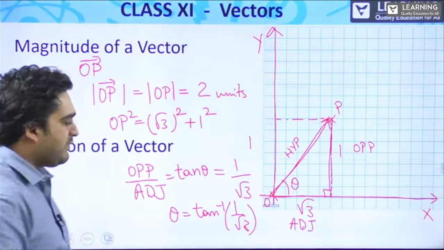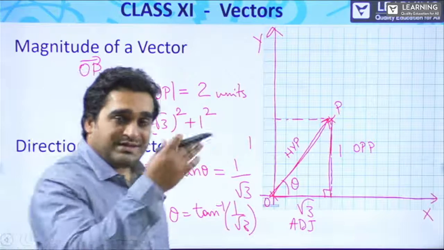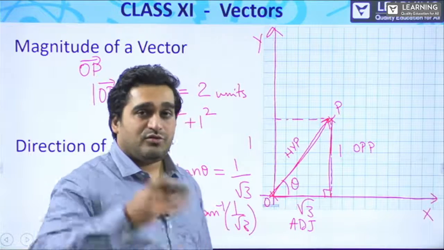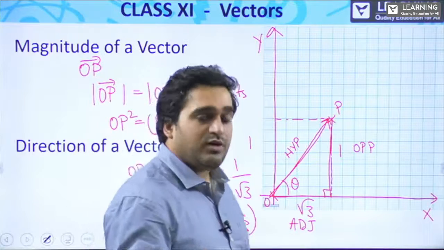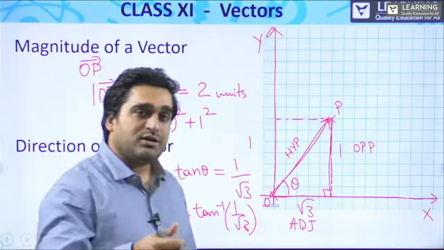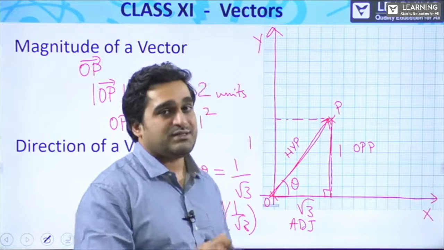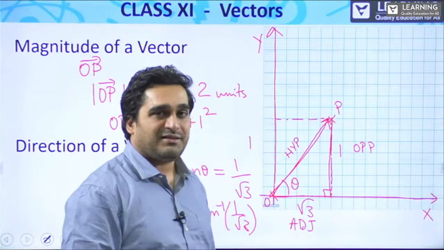And what is tan inverse of 1 by root 3? If you follow the standard angles, again, visit www.v-learning.in. There, under the bridge course, trigonometry ratios, I've taught you how to identify some of the standard angles, a shortcut method.